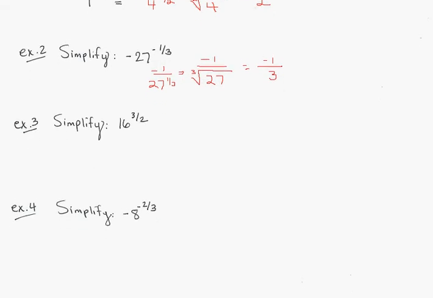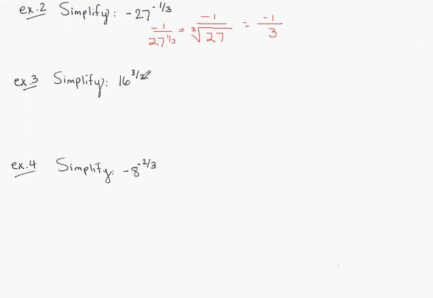Okay, here's a little bit trickier one. This one has a number other than 1 in the numerator. So what you do with that is the bottom one goes on the seat. So I'm going to make my radical. The 2 goes on the seat. The 16 goes under the radical, and the whole thing is to the third power.